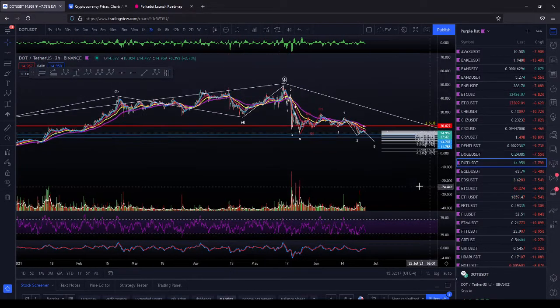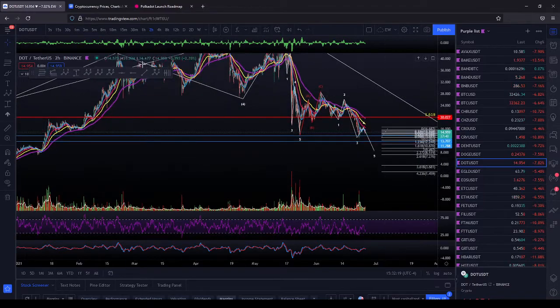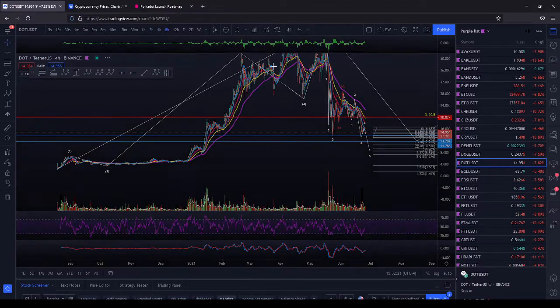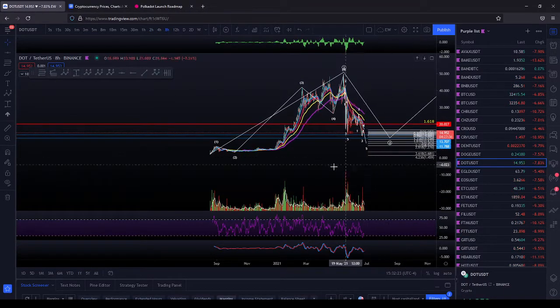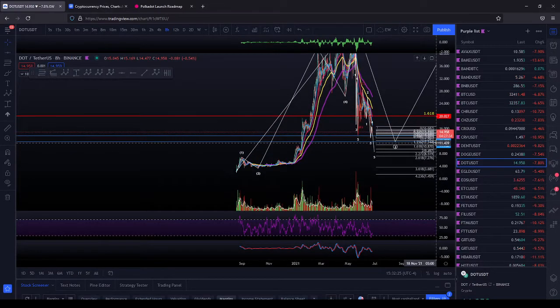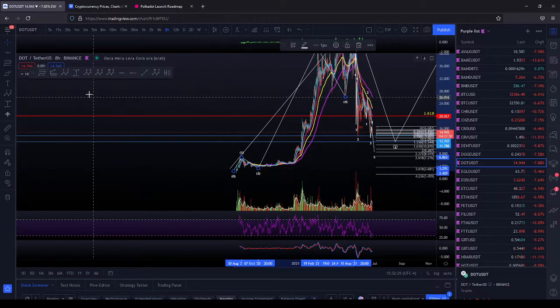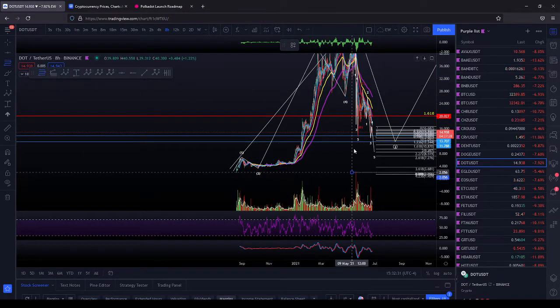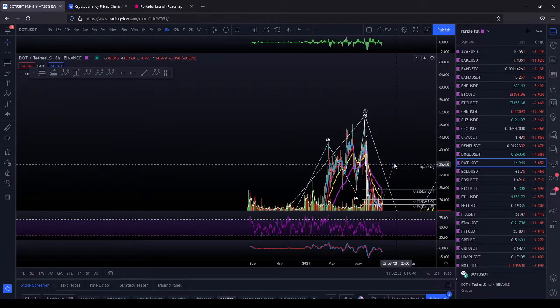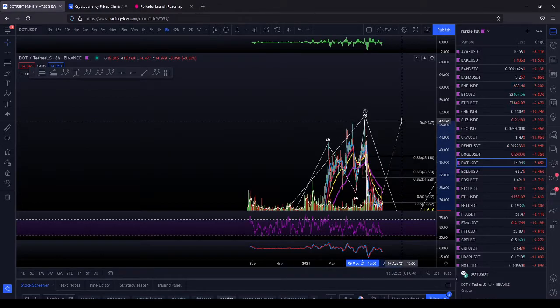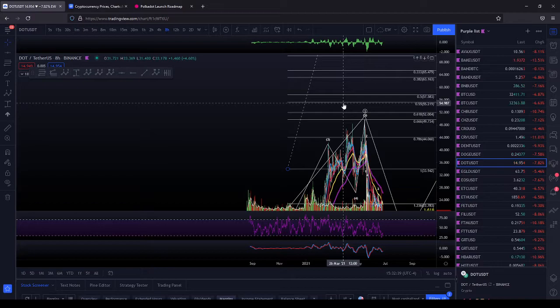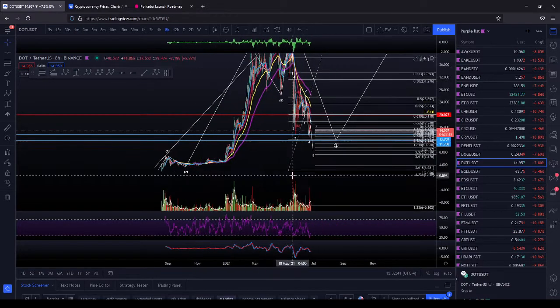So we're going to take the entire range and do a fib retracement on it from all-time low to all-time high. Ah, you son of a gun. There you go.